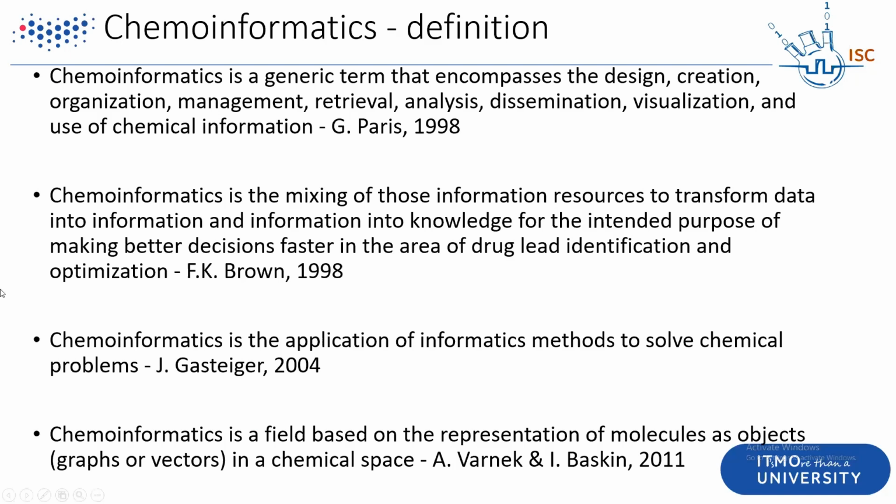The other definition is that chemoinformatics is the application of informatics methods to solve some chemical problems. Any chemical problems can be solved by, or at least one can give it a try to implement some informatics techniques.